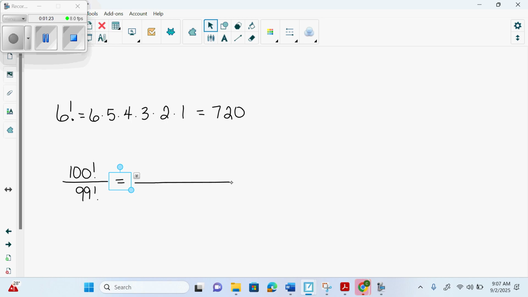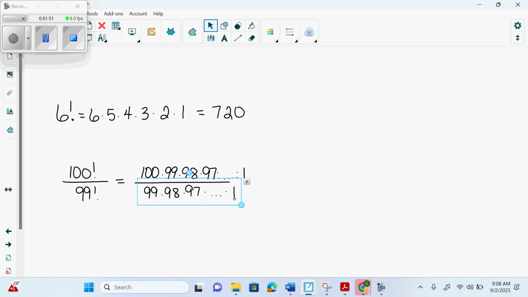So 100 factorial is 100 times 99 times 98 times 97, and it would just keep going all the way to 1, would it not? Now this would be 99 times 98 times 97 all the way to 1.